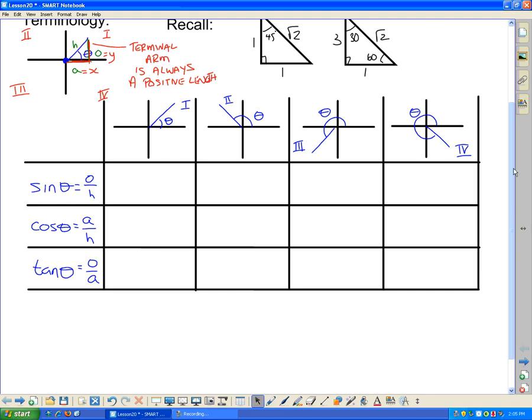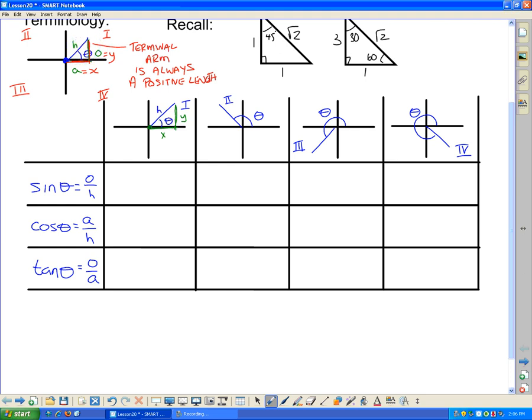First quadrant, start there. To make the right angle triangle, starting at the origin, I would go to the right, and then I would go up. If I go to the right and I go up, that means my x value is positive and y is positive, because it's in the positive directions. So for the terminology, opposite over hypotenuse: opposite is your y value, adjacent is your x value, and the hypotenuse is your terminal arm. I'm going to leave it as h since it's something you're comfortable with.